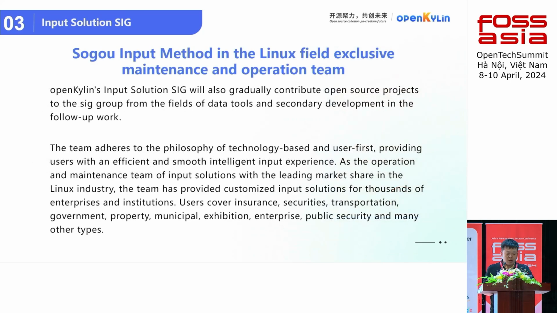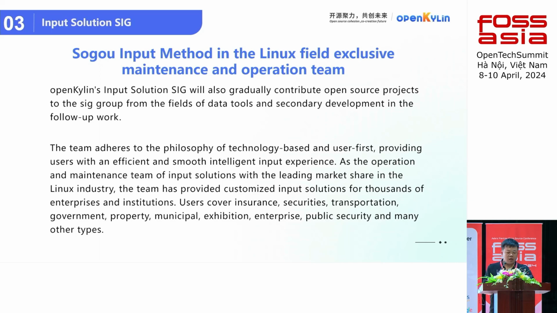Moving forward, openKylin's input solution SIG plans to share more with the open source community, especially in data tools and secondary development. We stick to a simple approach: focus on tech, and always put the user first. This way, we make sure our input solutions are easy and smart to use.